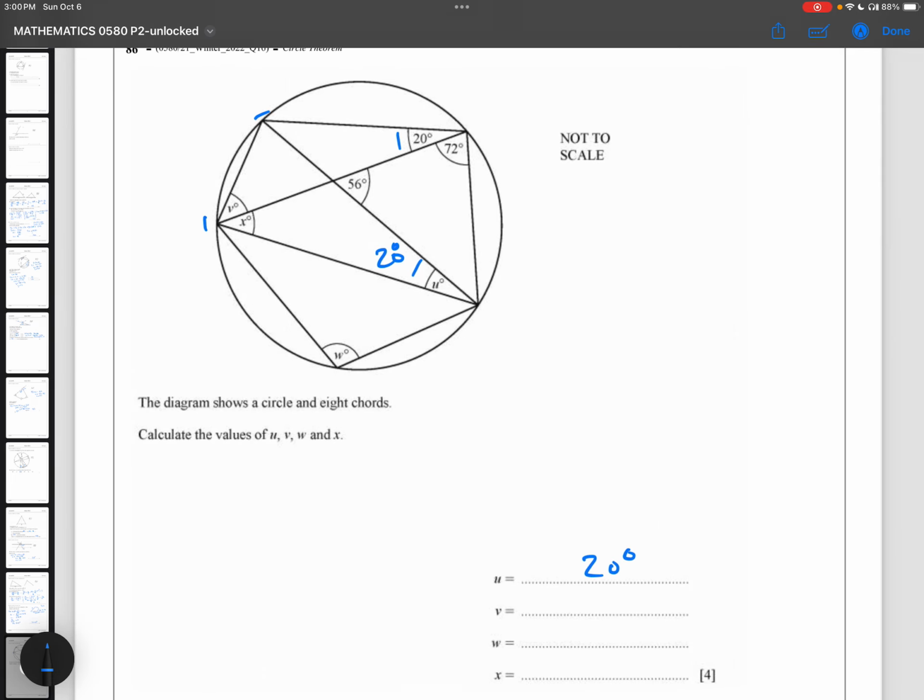Now let's calculate v. We have to calculate v now.